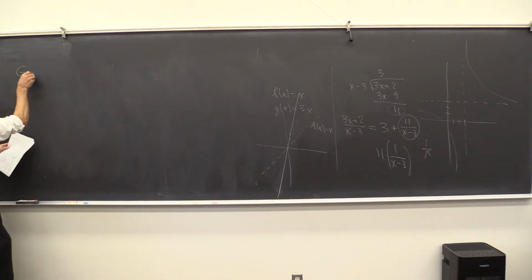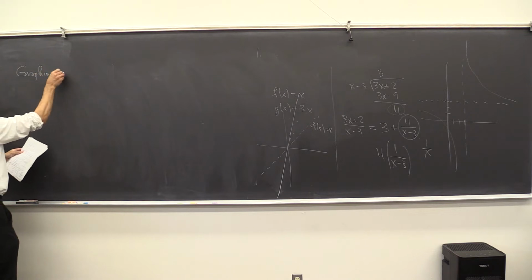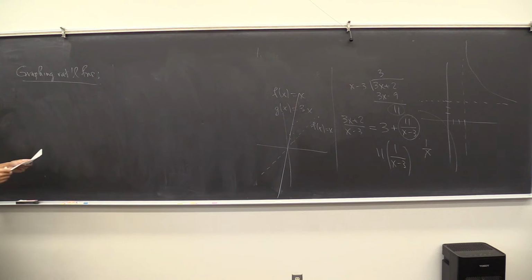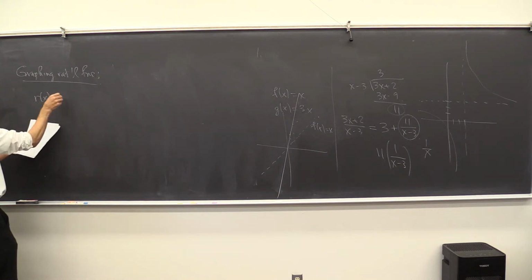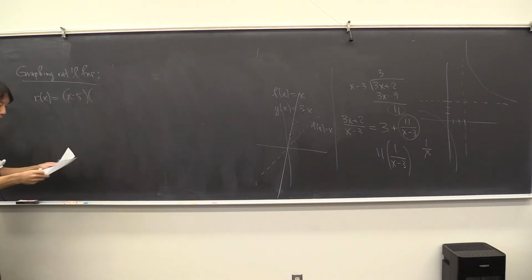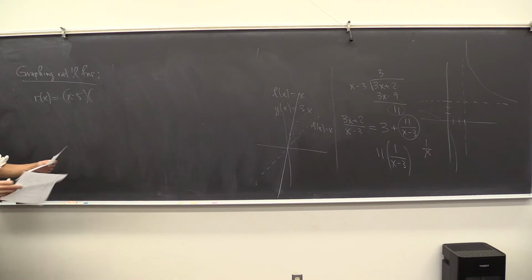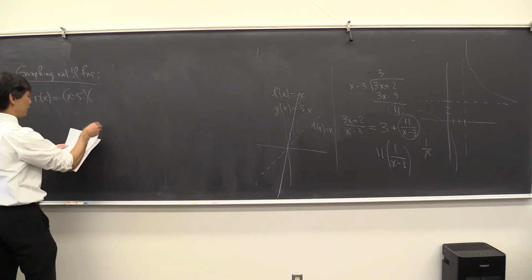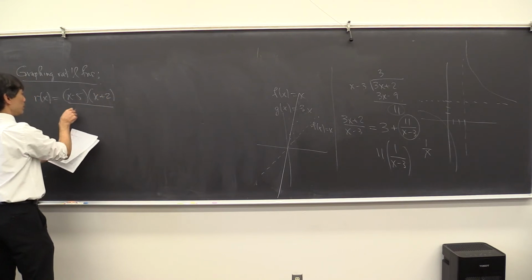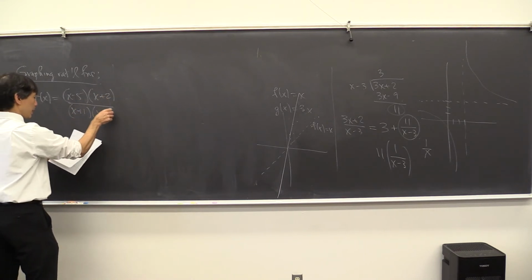So graphing rational functions. Let's look at this. Let's do an example. x minus 5, let's do that one first. So x minus 5, x plus 2, x plus 1, x minus 2.